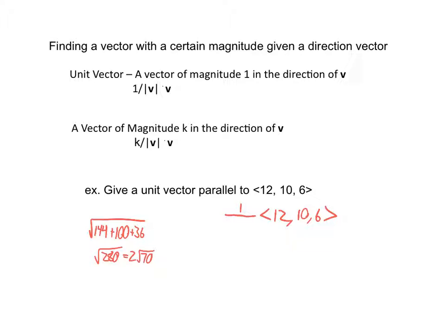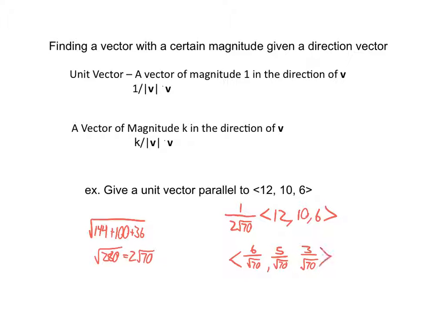So we can multiply by 1 over 2 root 70. And then our vector would simply be, if I reduce it by the 2, 6 over root 70, 5 over root 70, and 3 over root 70.